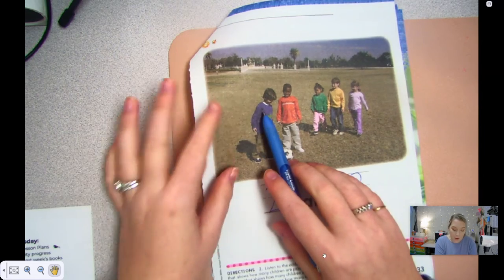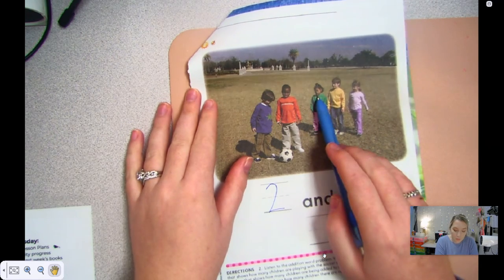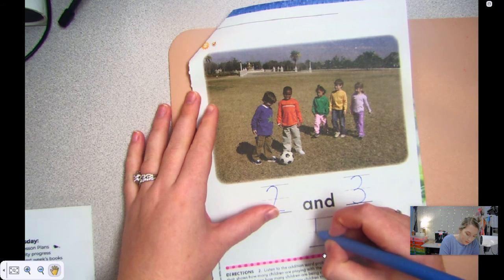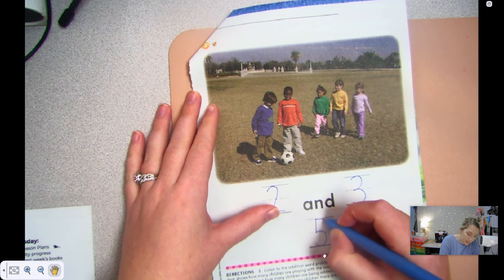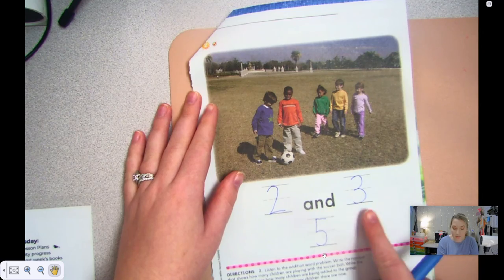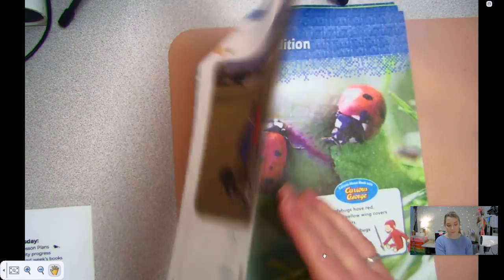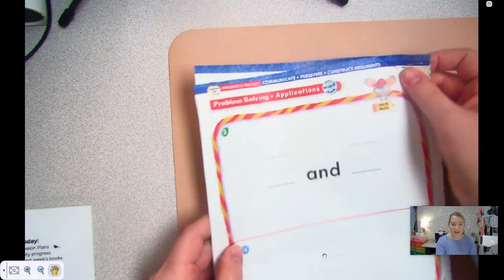And we find that by counting all of our friends. So 1, 2, 3, 4, 5. There are 5 friends all together. 2 and 3 make 5. Great job. Okay, last page.